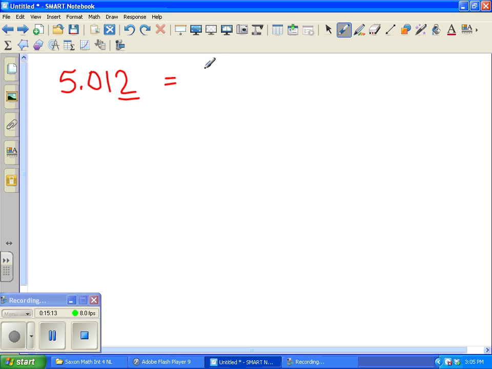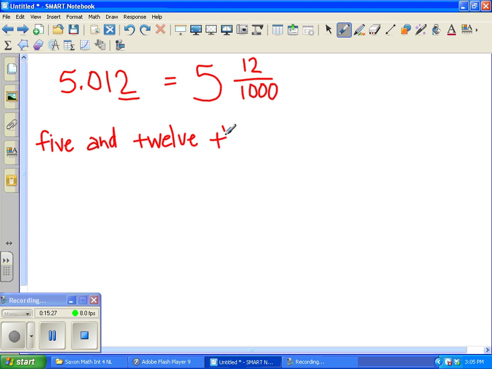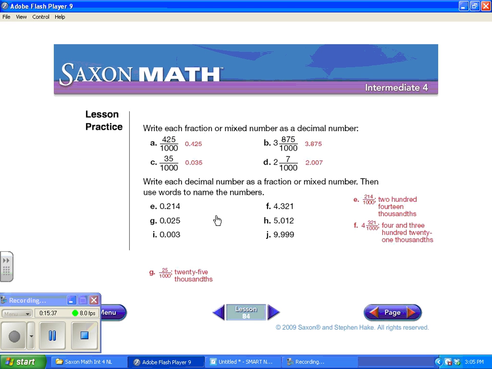So here's what it looks like, 5 and 12 thousandths. Here's how you spell it, 5 and 12 thousandths. Come on, pen. All right.